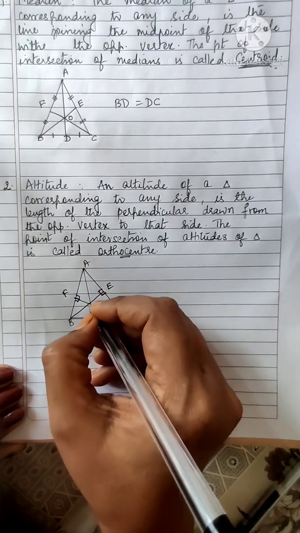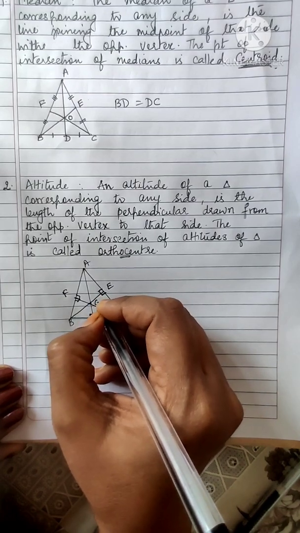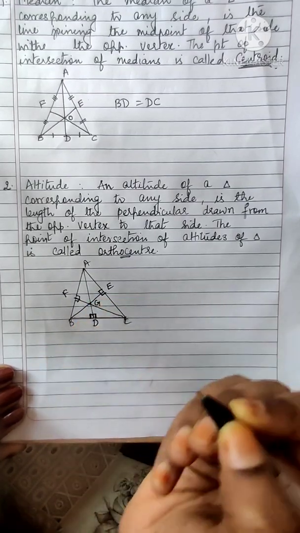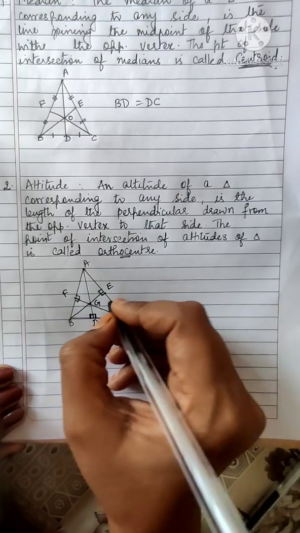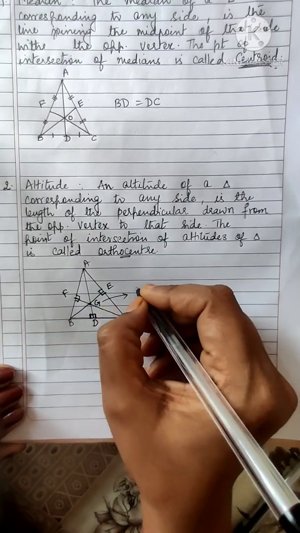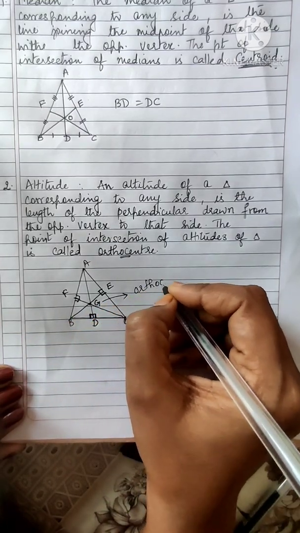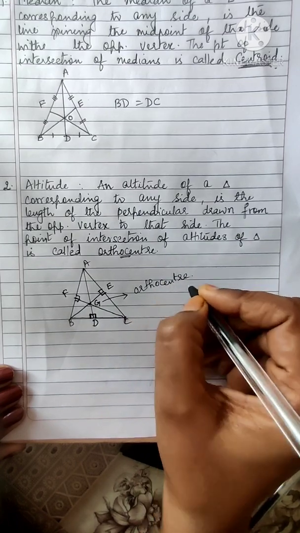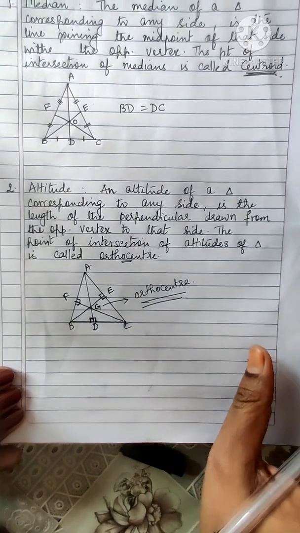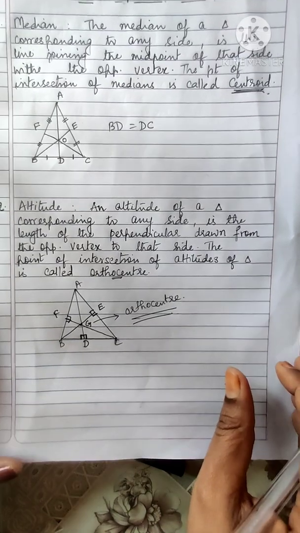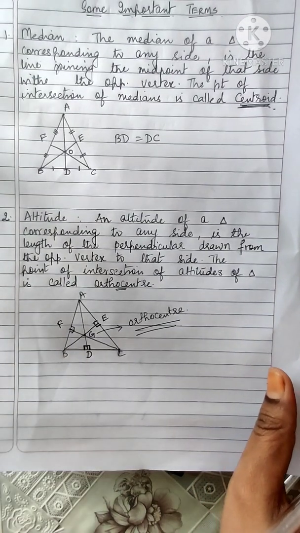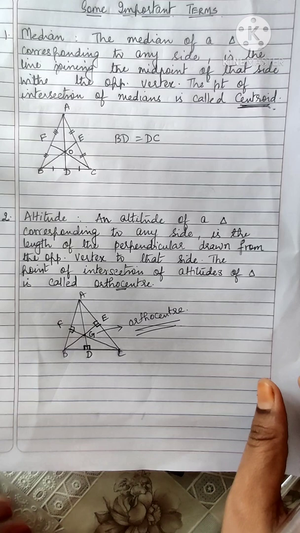And the point of intersection, now suppose if G is the point of intersection of altitudes, we call this point the orthocenter. And the point of intersection of perpendicular bisectors is called the circumcenter.